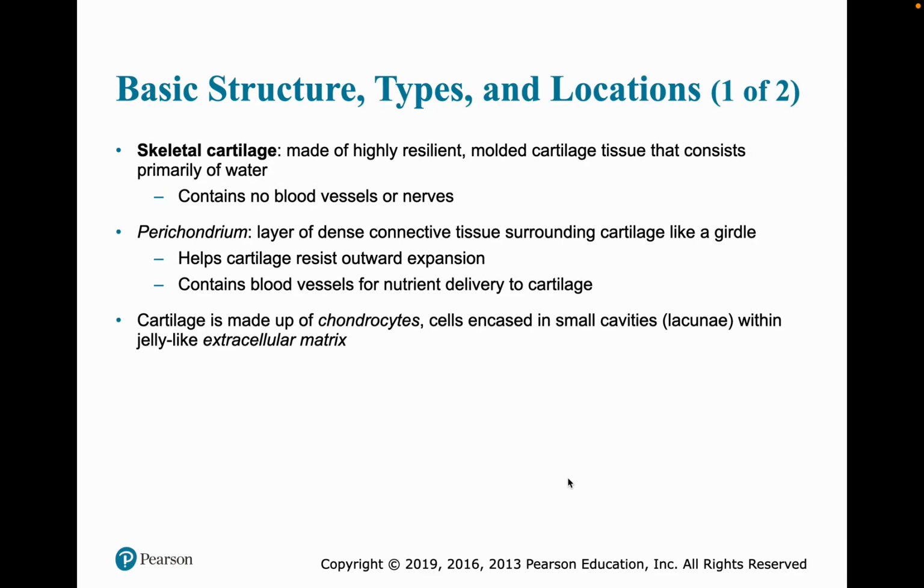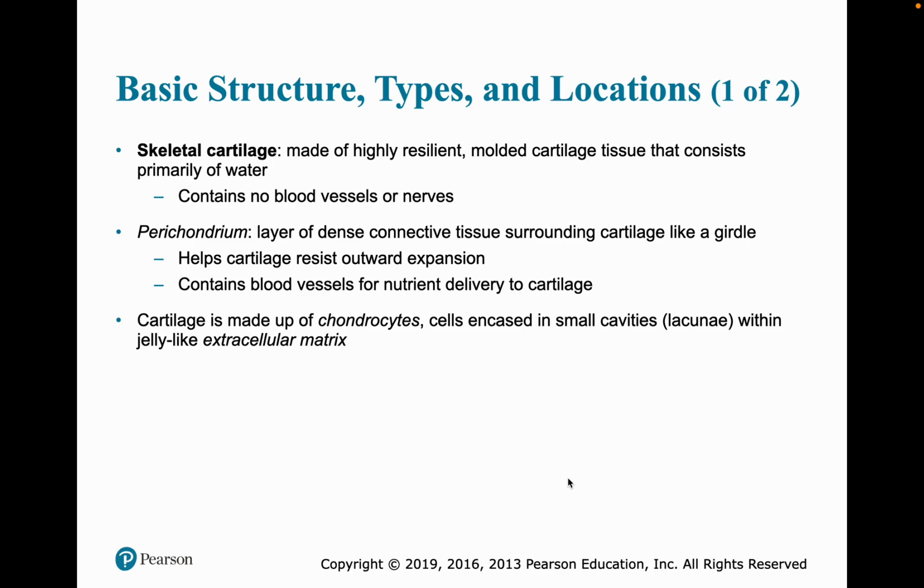So skeletal cartilage is made up of a highly resilient mottled cartilage, mostly water, no blood vessels, no nerves. The layers would include perichondrium, which is a connective tissue layer surrounding the cartilage like a girdle that helps the cartilage resist outward expansion.